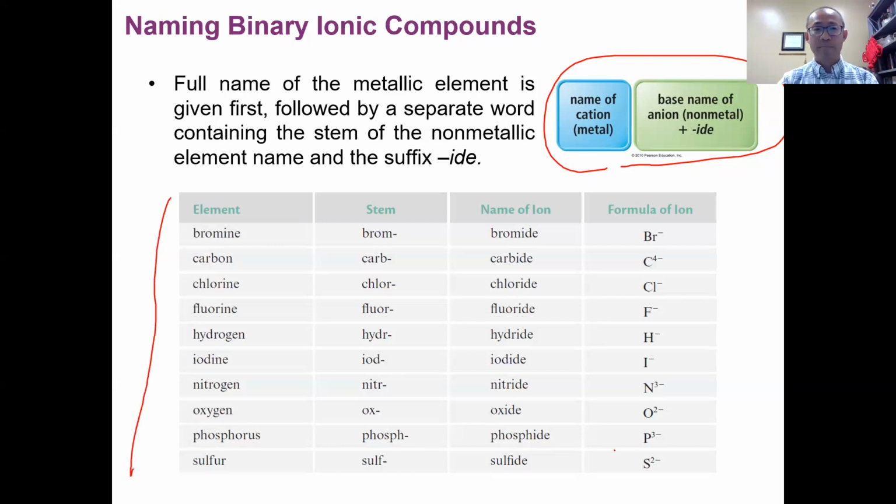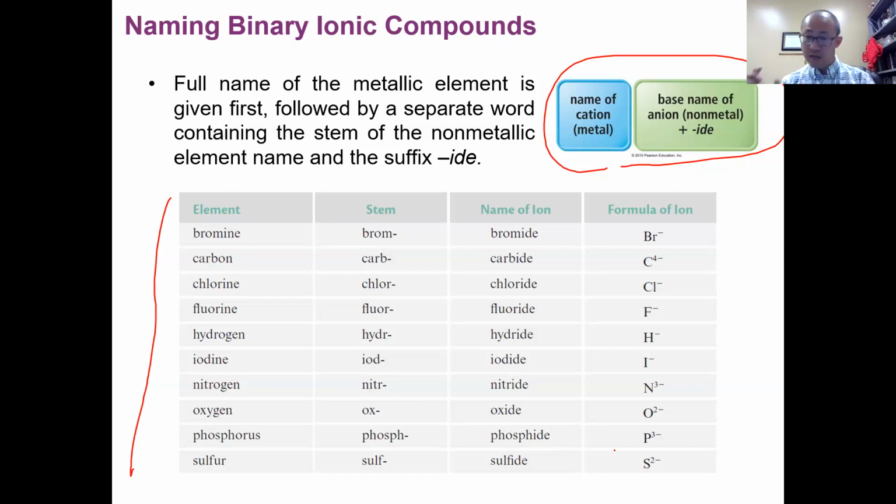See that? Bromine. The stem name will be brom plus ide will become bromide. Carbon becomes carbide. Chlorine becomes chloride. Fluorine becomes fluoride. Hydrogen becomes hydride. Iodine becomes iodide. Nitride, oxide, phosphide, and sulfide.